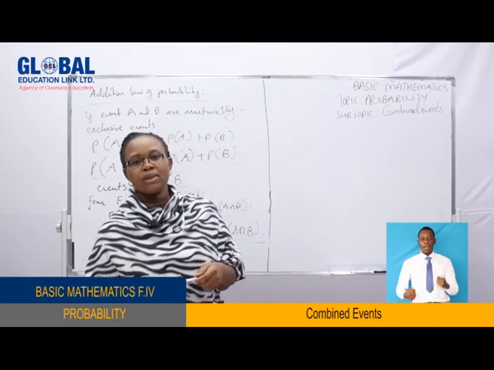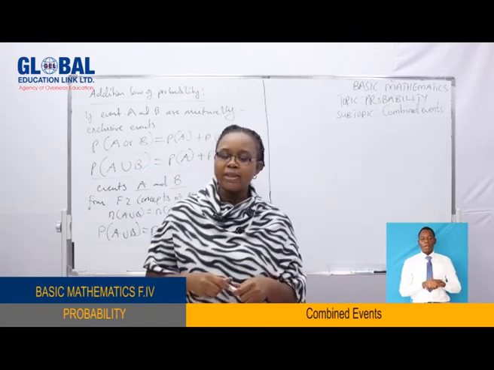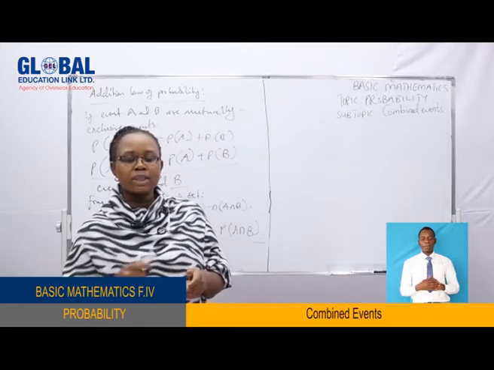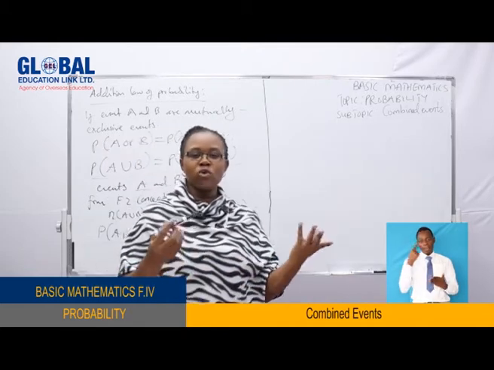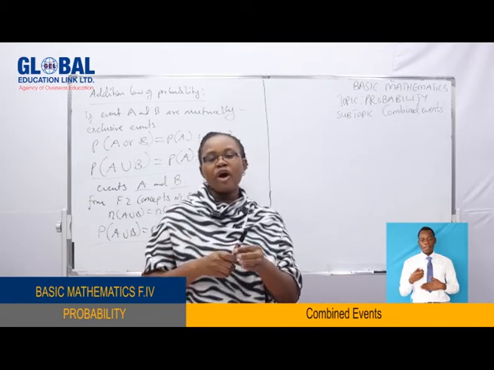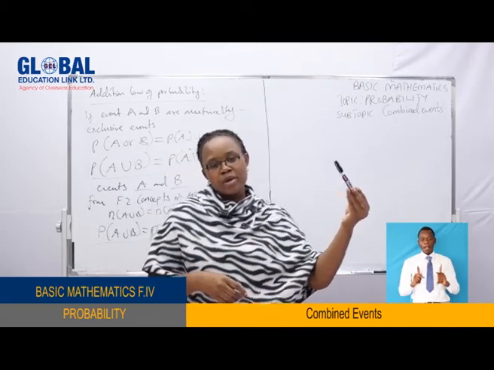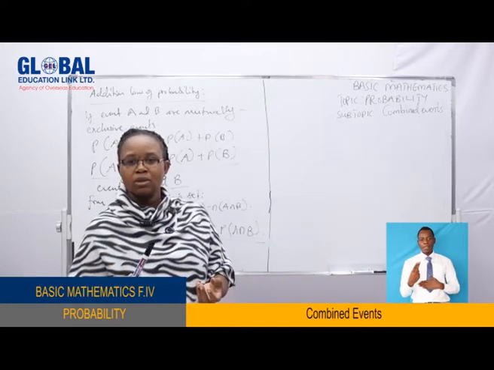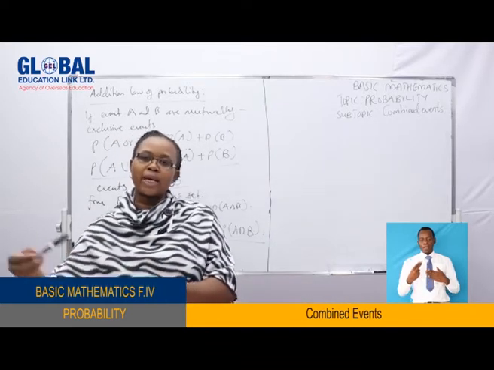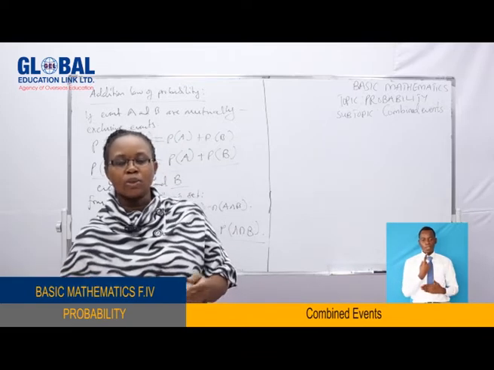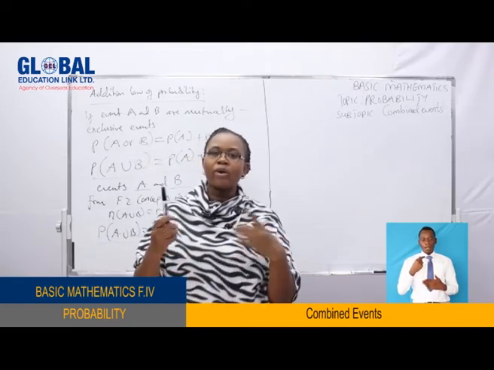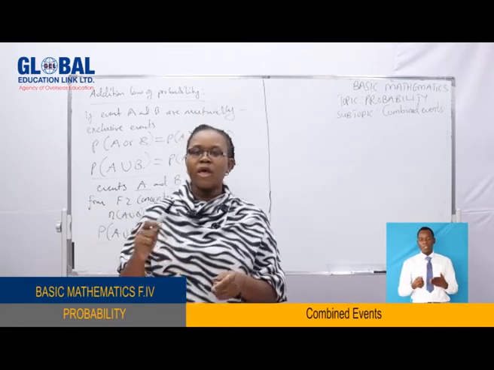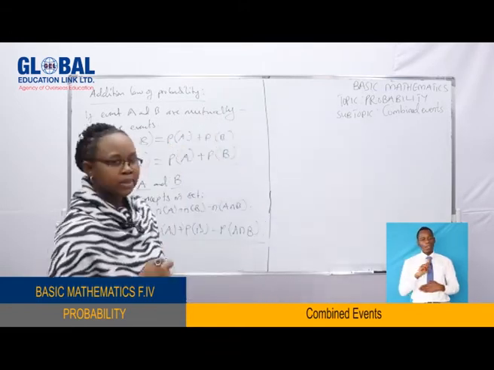This means that when you have two events, the occurrence of event 1 cannot affect the occurrence of the second event. So these events can occur at once, at the same time. That is an independent event.